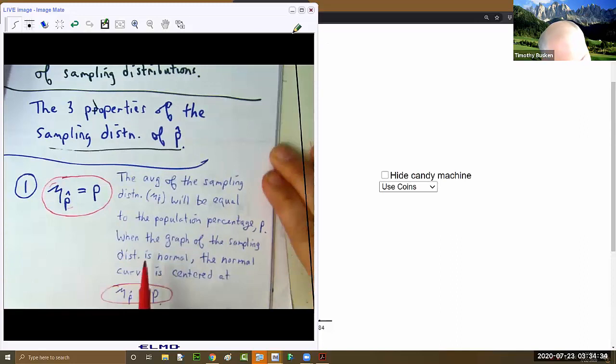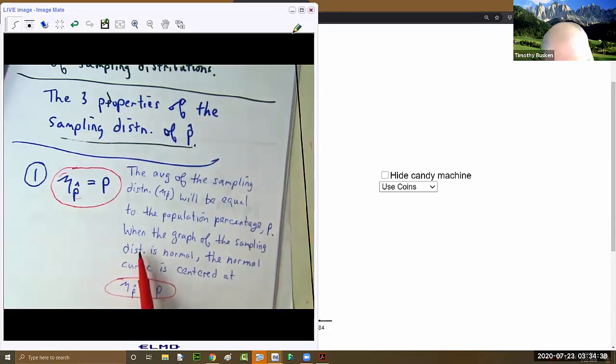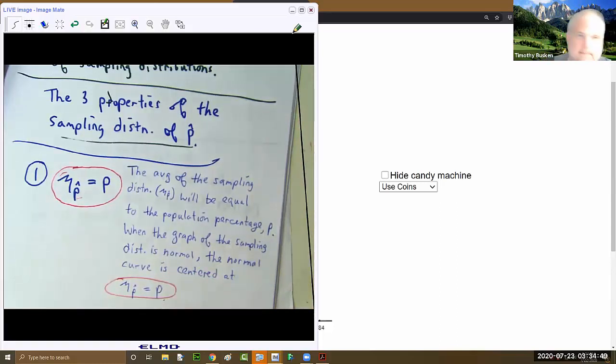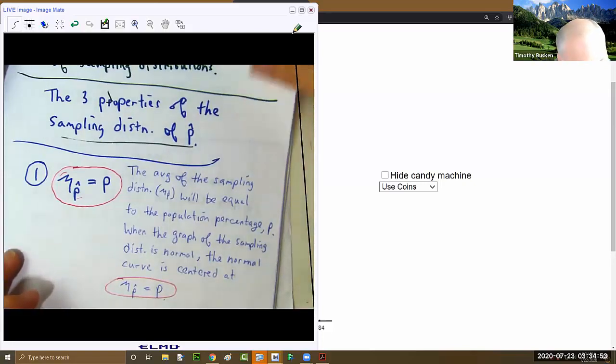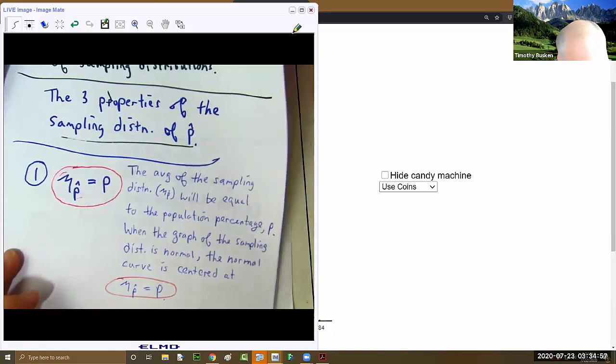That only happens when the graph of the sampling distribution is normal. That's when the sampling distribution is centered at p. That's the first property that the central limit theorem proves. Any more questions about that? It's a lot to take in.